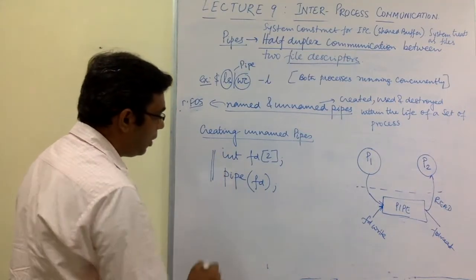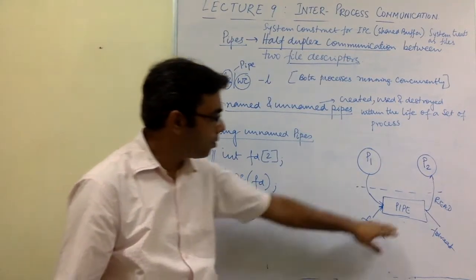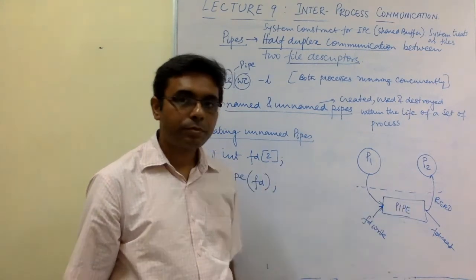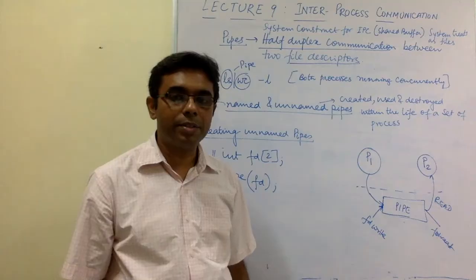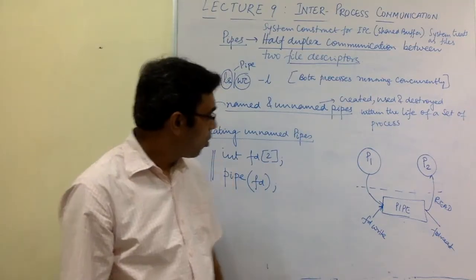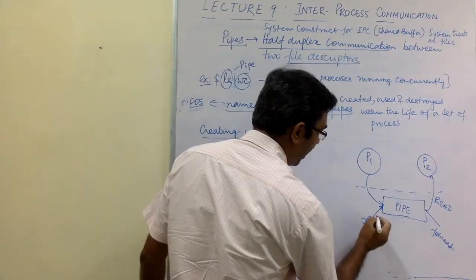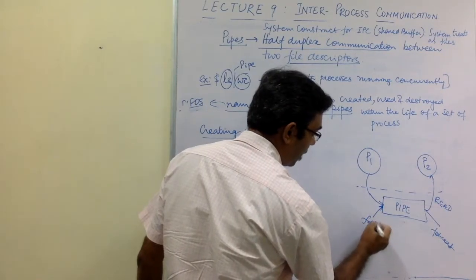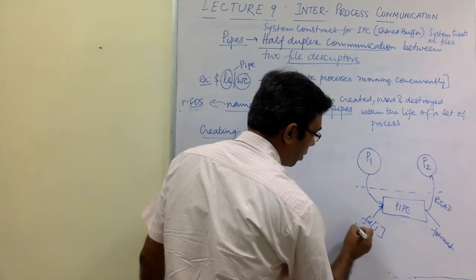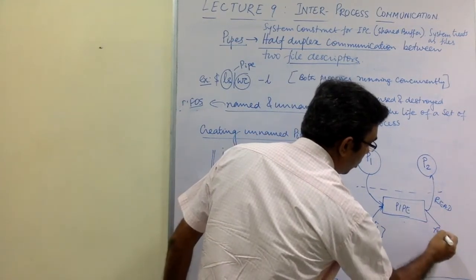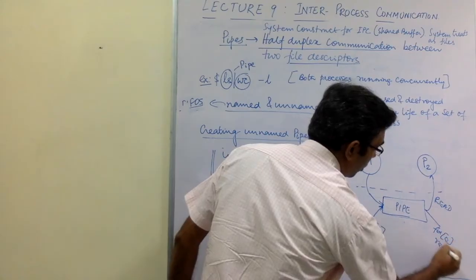This eventually creates a pipe, which is a file maintained by the system, and one file descriptor is for writing. FD1 is for write and FD0 will be for read.